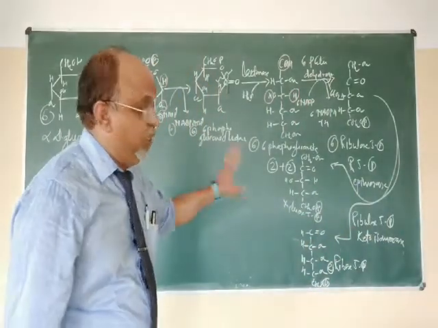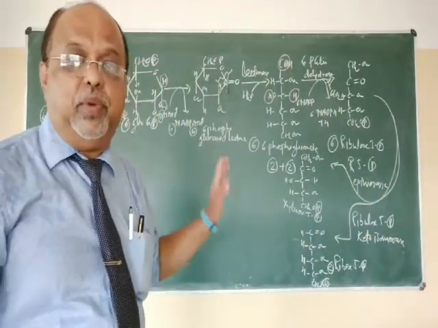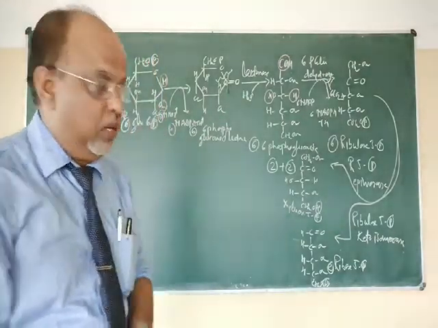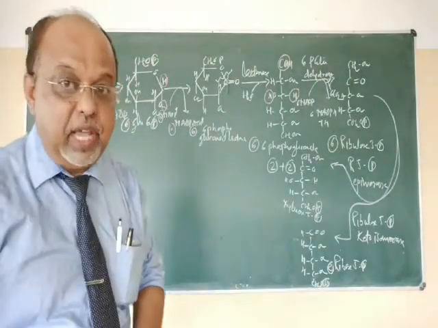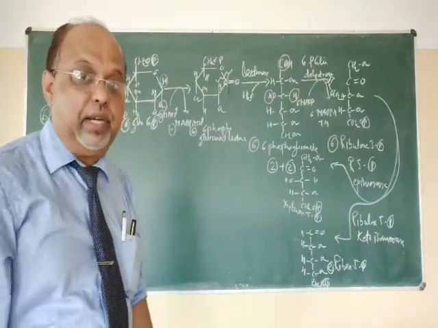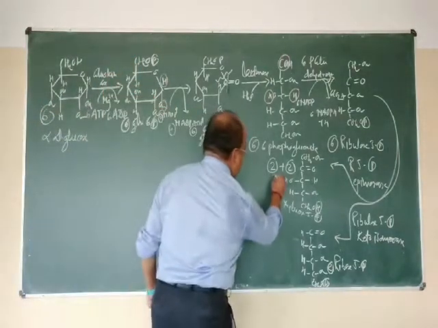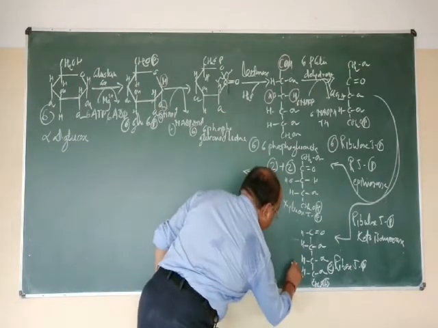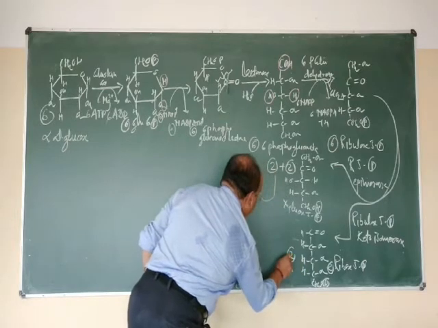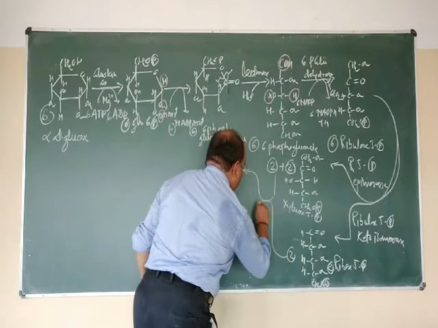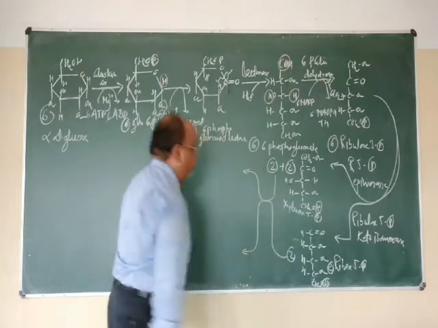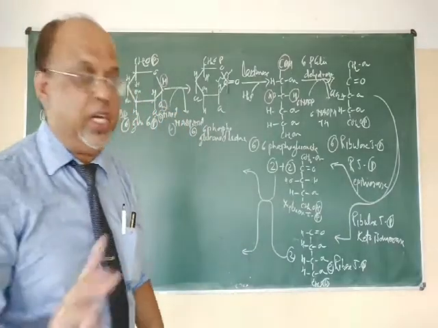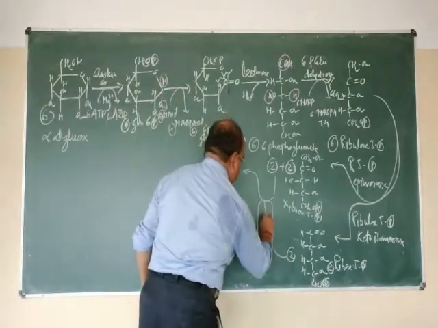Okay. But from this, the remaining pathway shows only interconversion of sugars. Okay. Now how and which enzyme is involved in this process? Let us talk about that. Okay. Now these 2 molecules undergo the interconversion, but the enzyme is transketolase.